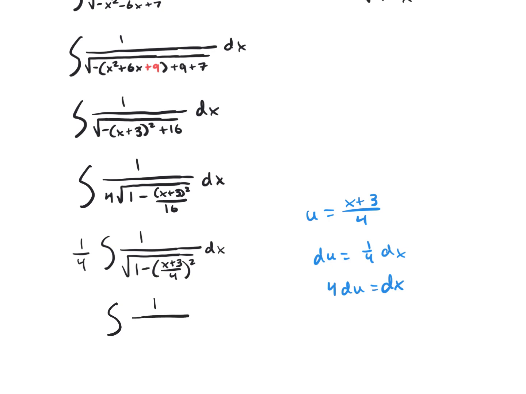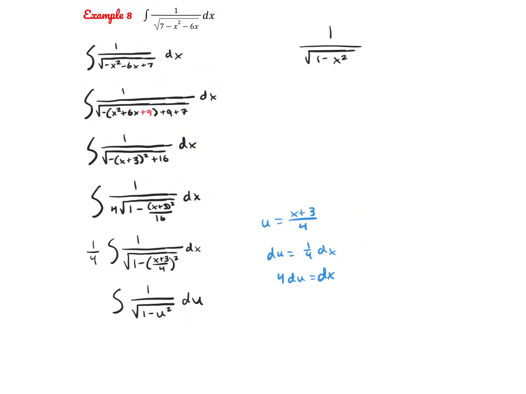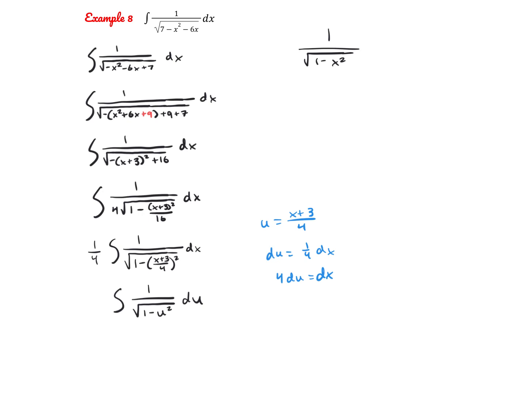So I have 1 over square root of 1 minus u squared du, which fits perfectly for our structure for arc sine. So we have the arc sine of u plus c, and then we just substitute back for u. So we have the arc sine of x plus 3 over 4 plus c.